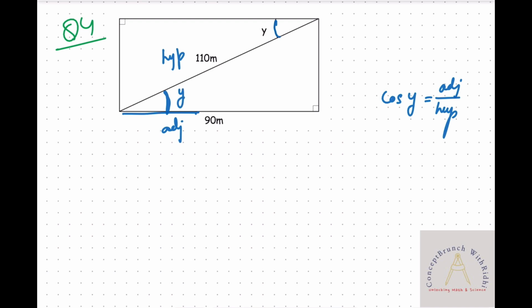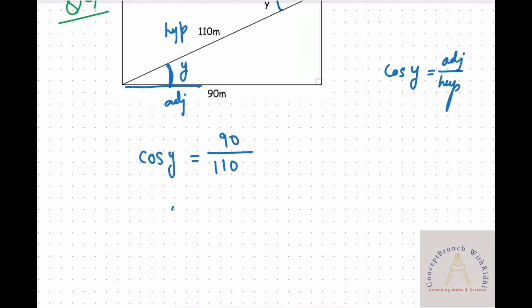Okay. So over here, just put in all these values. So we can say cos y is equal to adjacent, that is your 90, divided by the hypotenuse, that is your 110. Now we will calculate this fraction to get the cosine of y. Okay, how to get this? I told you before, we have to use the inverse function for this.